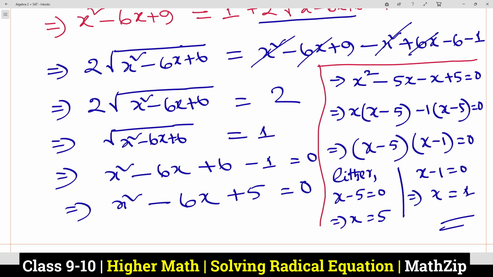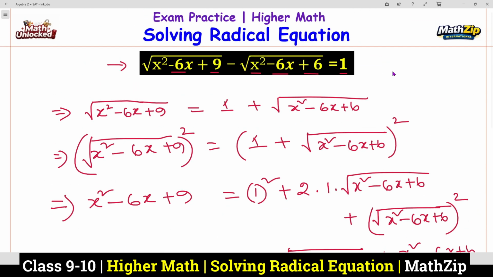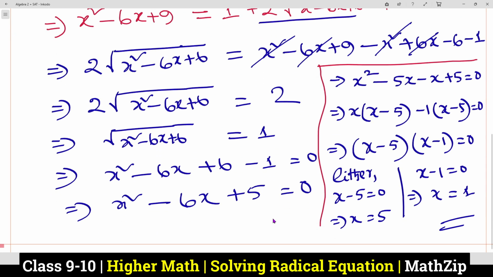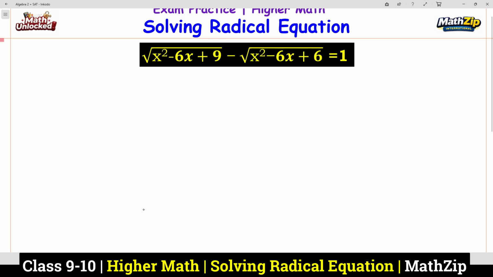But our math is not complete. We have to verify whether the answer is okay or not. So this one we will verify on the next page. We get x equals to 5 and 1, right? So verify, how?